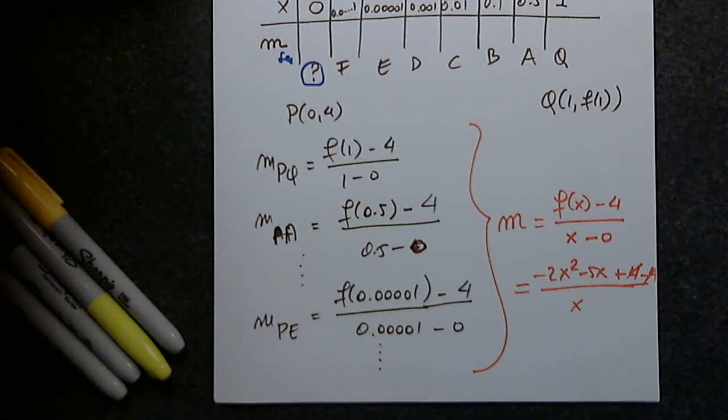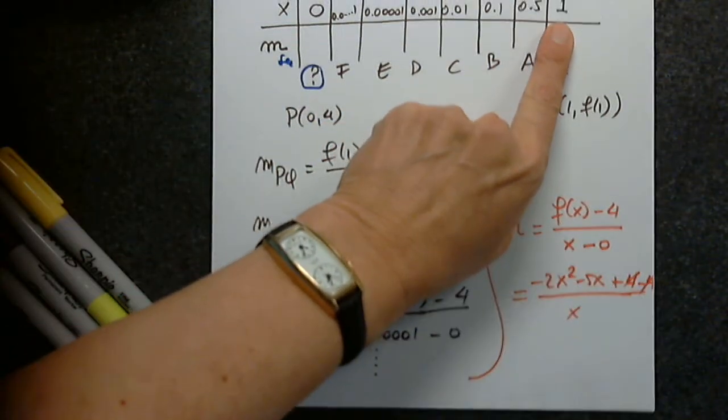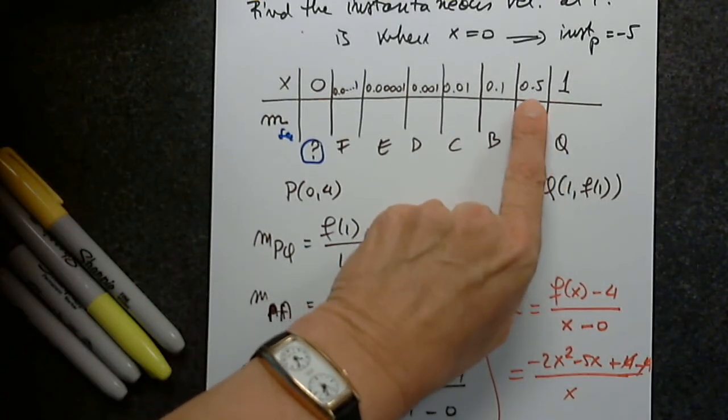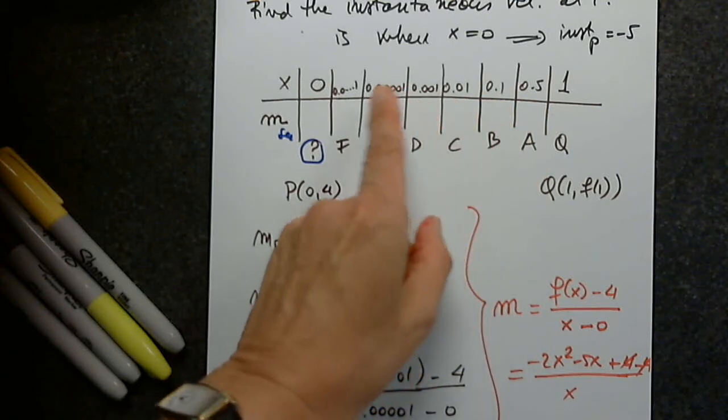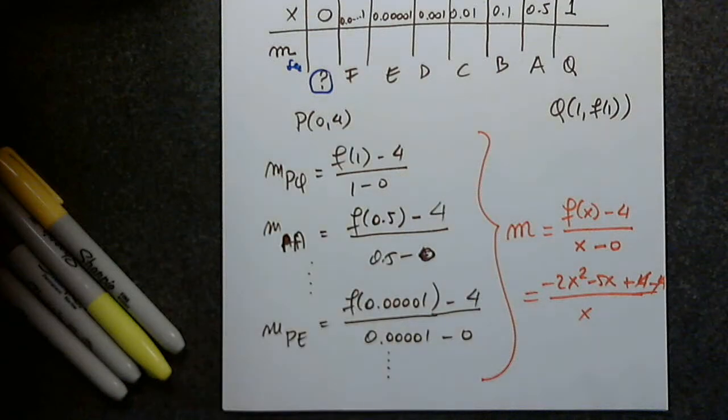And then another one, and another one, and another one. So what was the first x value? Let's look. The first x value was 1, then 0.5, then 0.1, then 0.01, and so on and so forth. Correct? These are the numbers that I want to see.